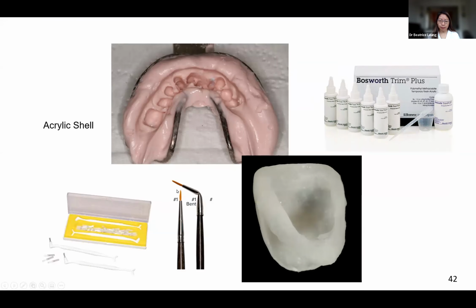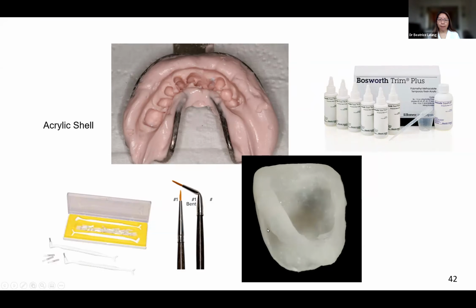You would have a sable brush where you would just dip in the monomer and pick up a bead of the polymer and paint it on the tooth where you want it. So you just want to make a shell of the particular tooth that you know you're going to make a temporary crown.